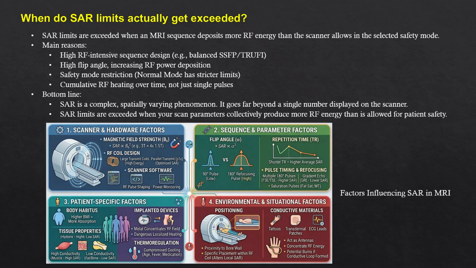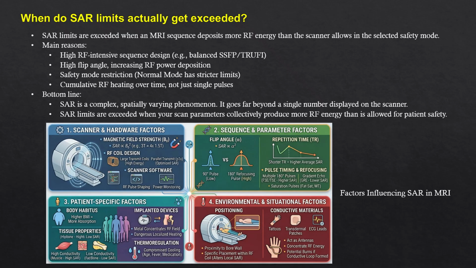Scanner hardware and system design set the baseline, but in daily clinical practice, it's really the sequence design and imaging parameters that drive SAR the most. At the same time, patient positioning and body geometry play a major role. They influence how RF energy is distributed throughout the body, which means SAR is not uniform. On top of that, environmental and situational factors can further modify RF deposition.